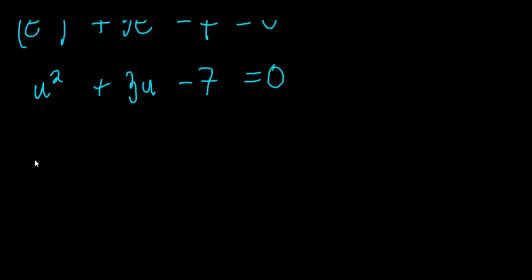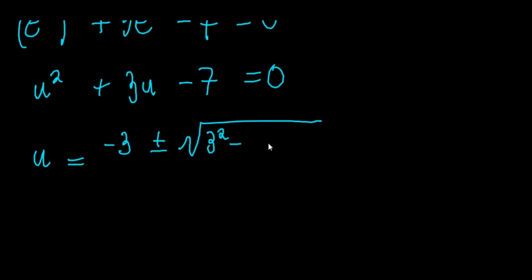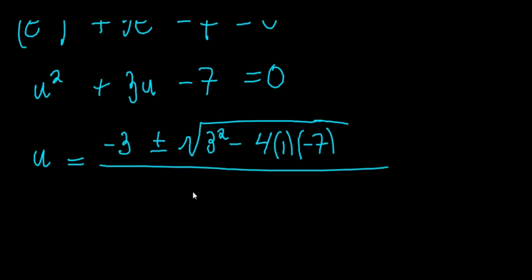So the quadratic formula is going to tell us that u is equal to negative 3 plus or minus the square root of 3 squared minus 4 times 1 times negative 7, all over 2 times 1.